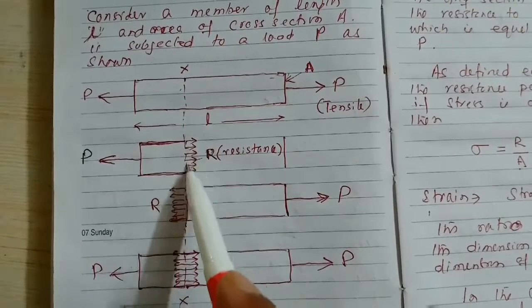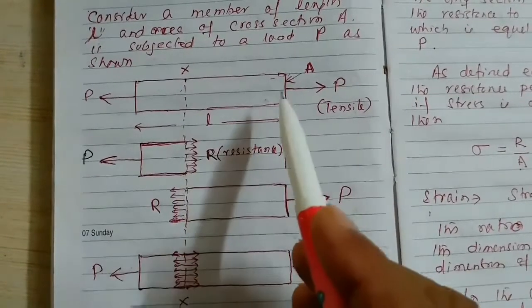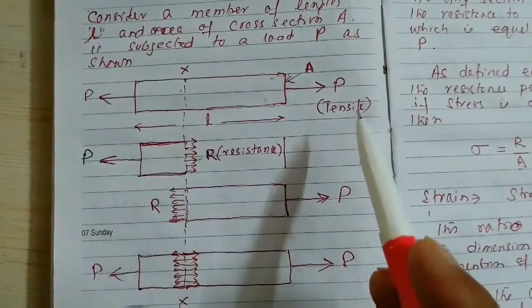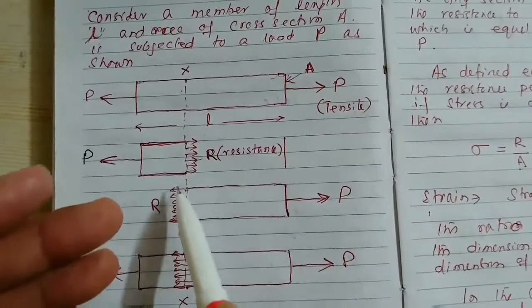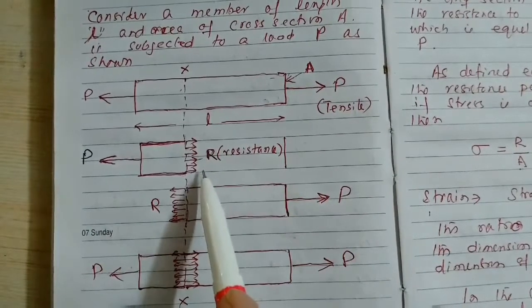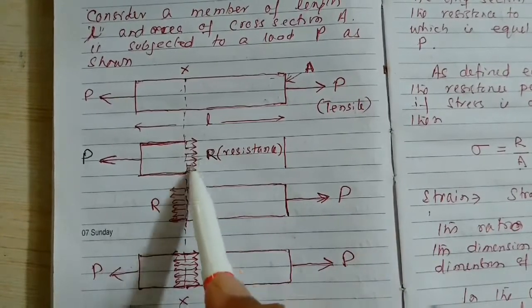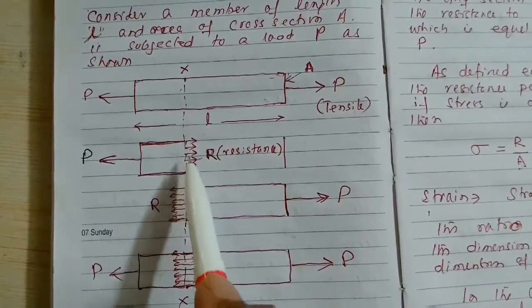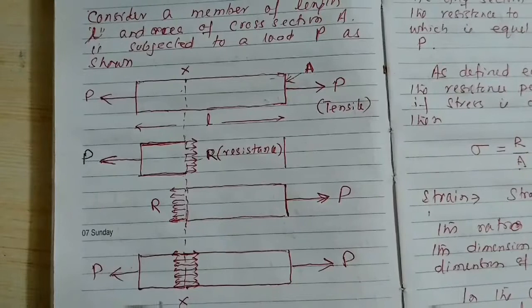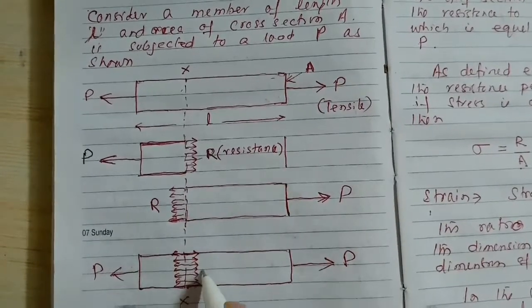The total stress combined makes a force R. This R opposes P. That means the intention of P is to elongate the body, and R is the resistance which opposes the elongation, so R has to be equal and opposite to P. And this R per unit area, these small arrows, are called stresses. This is called simple stress. So if the member is loaded, within the body there are things like this which are called stresses. These are simple stresses. These are sigmas.